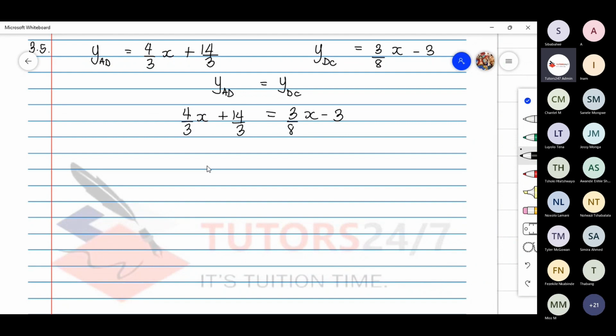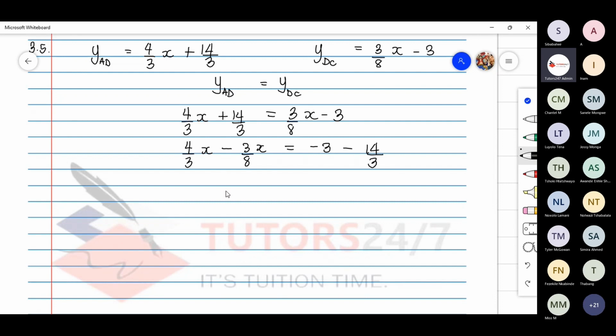From here, I'm going to move all of the variables and their coefficients to the left-hand side and all of the constants to the right-hand side. So that is going to be 4 over 3x minus 3 over 8x equals minus 3 minus 14 over 3.